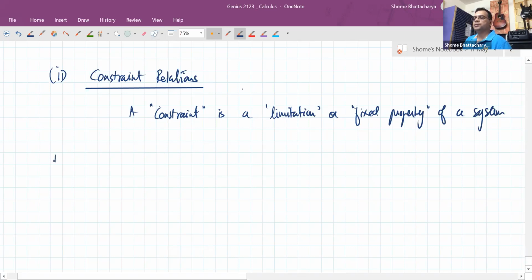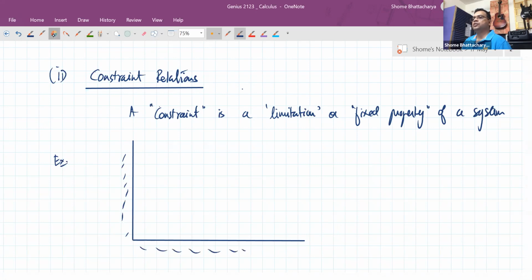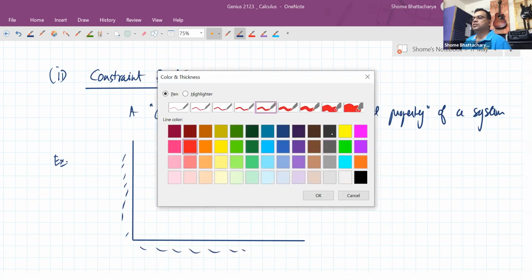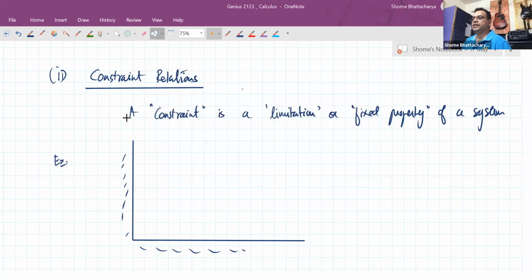For example, this is a very standard type of situation now. So this is the edge between a wall and a floor, and you have something like a thick rod which is slipping like this now.